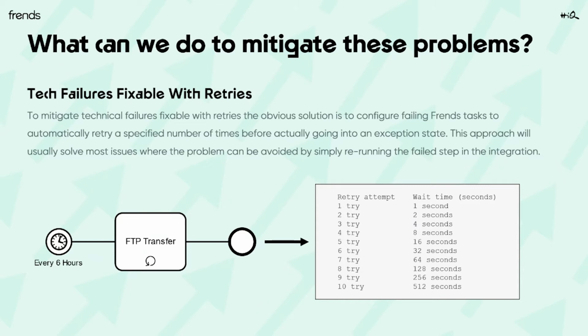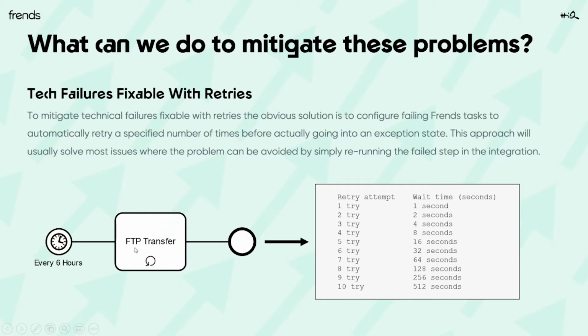And the way that that behaves in Friends is, of course, now, if we have our 5th retry and it still works, that means that we can put the task in a success state and quite simply just display the total time it took for that particular part or task in the process to execute.